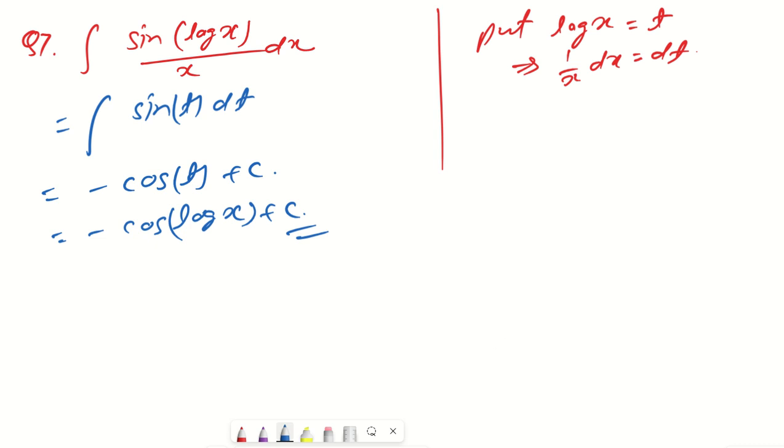Let us take another question. Integration of sec square x tan to the power 5x dx. What shall we do now? This is going to be a very simple question. How?